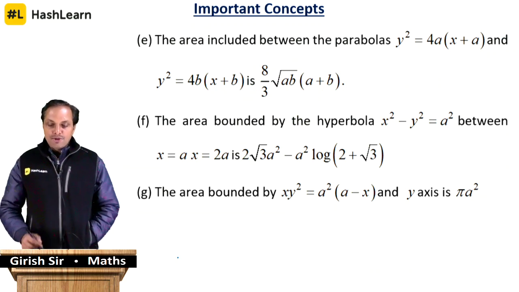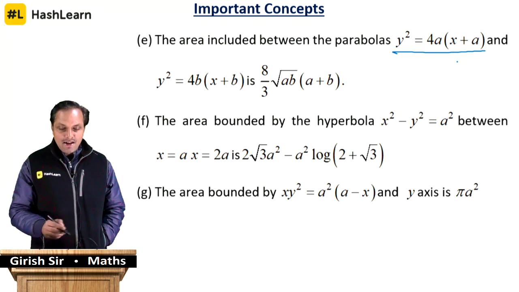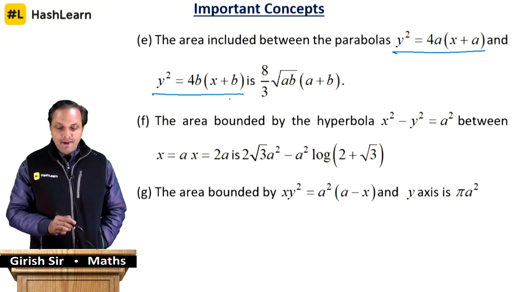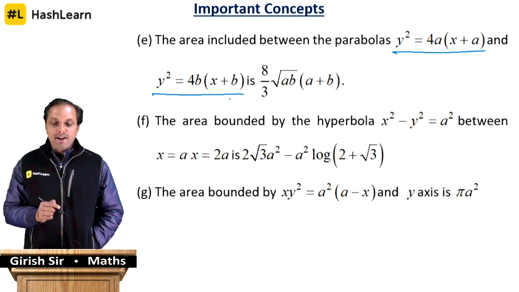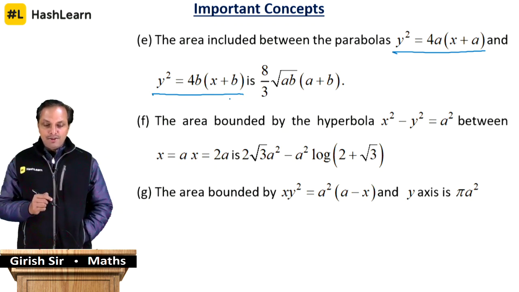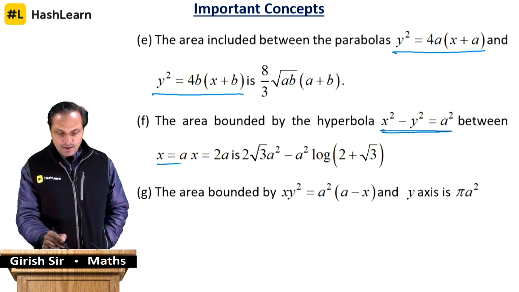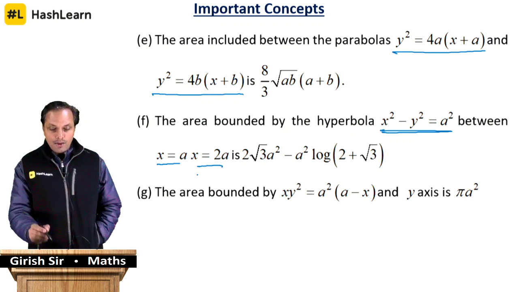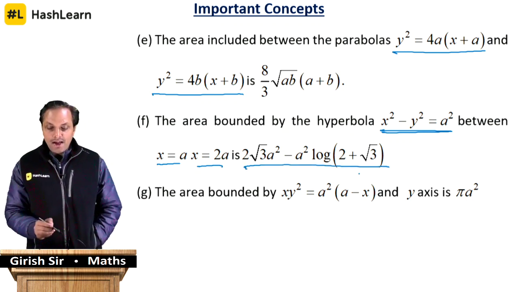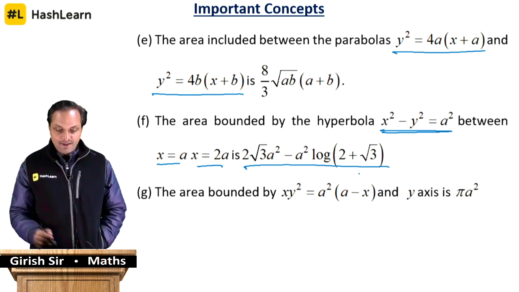And here, suppose if you have y square is equal to 4a into x plus a as a parabola and y square is equal to 4b into x plus b as one more parabola, then your area will be 8 by 3 root ab into a plus b, and this is your hyperbola and this is your line x is equal to a and x is equal to 2a. अगर है तो you can make use of this 2 root 3 a square minus a square log 2 plus root 3 as the direct result.